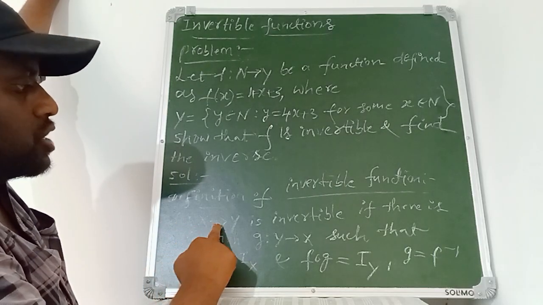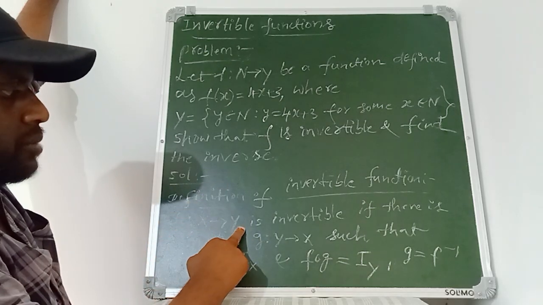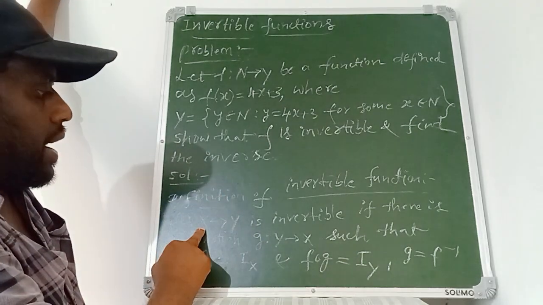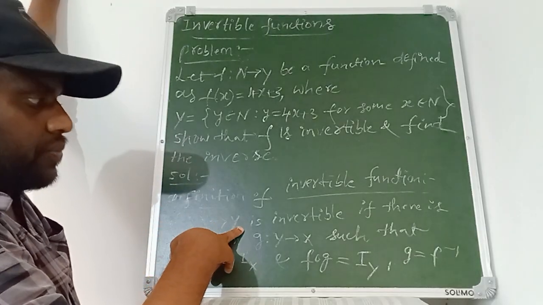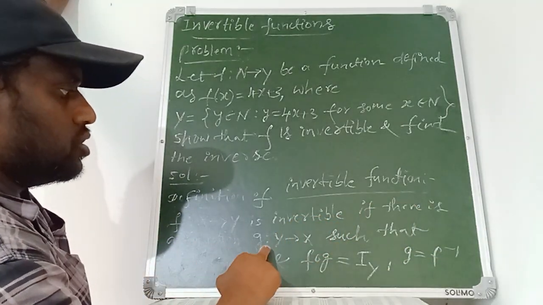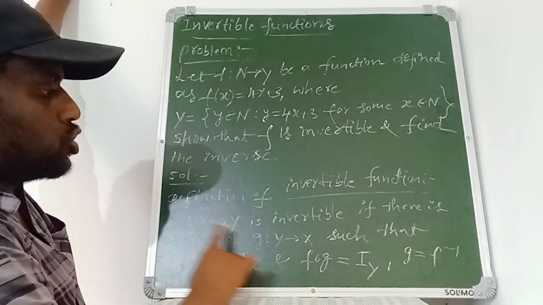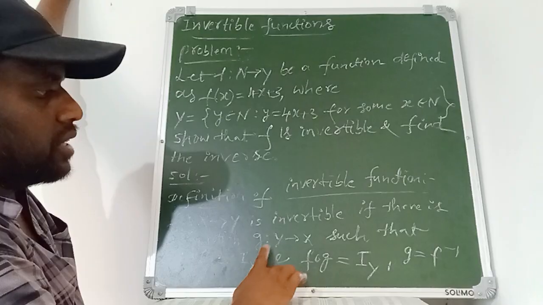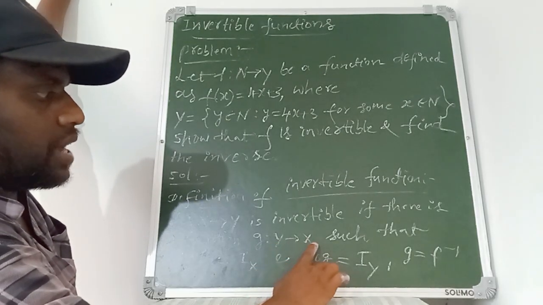f: X → Y, the function is defined from X to Y, that means Y is the output and X is the input. This function f is invertible if there is a function g: Y → X. When we say f is invertible, there should be a function g defined from Y to X, that means Y is the output and X is the input.